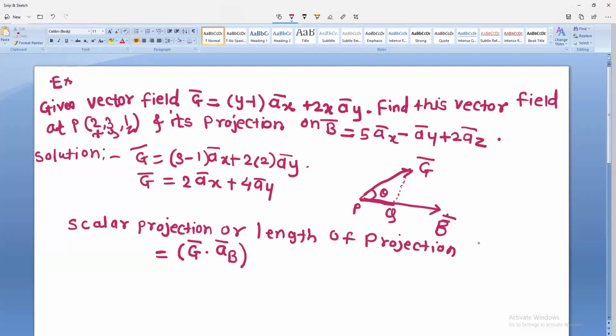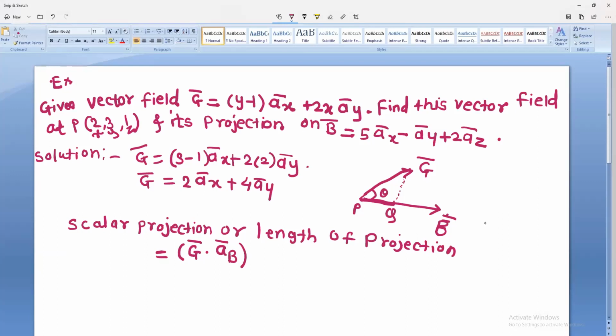Then what is definition of A bar B? Any unit vector is equal to, formula for unit vector, answer fast.